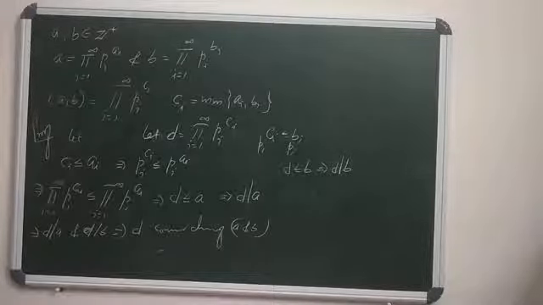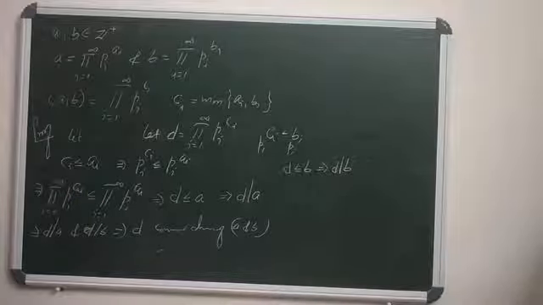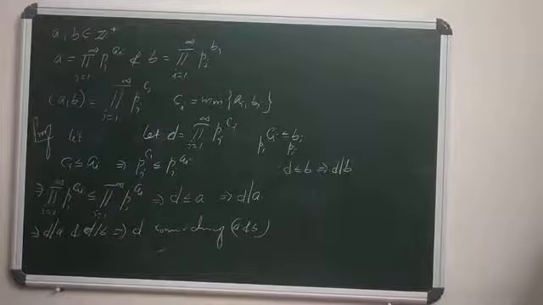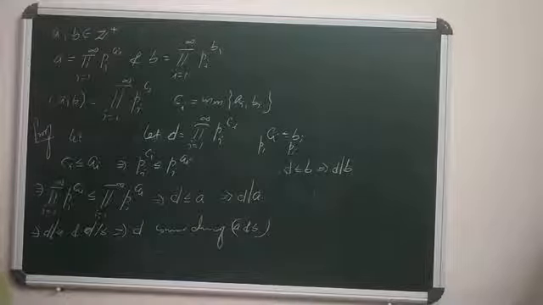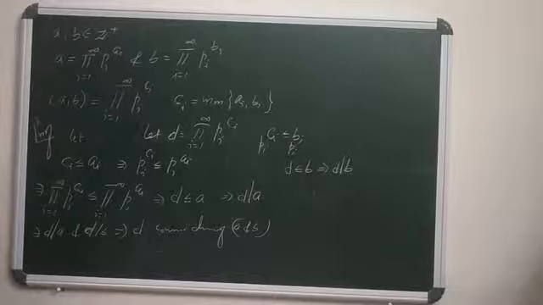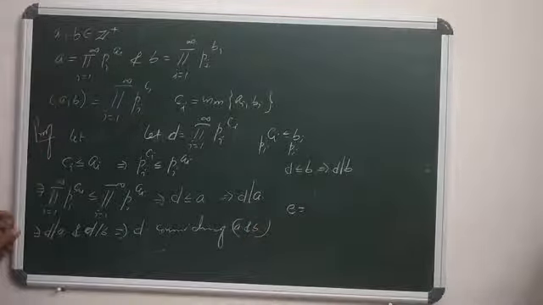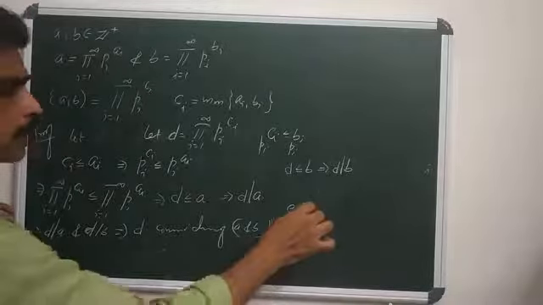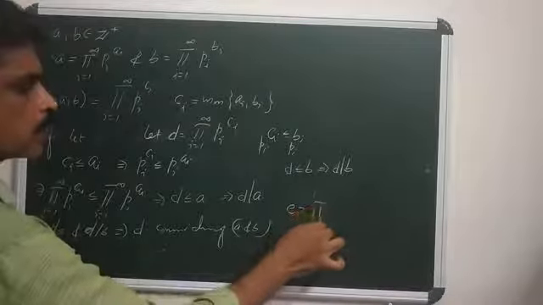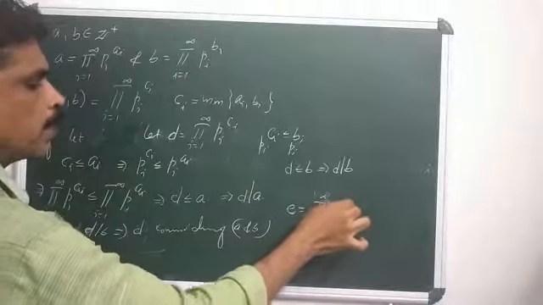But our requirement is to show that d is the greatest common divisor. So how? Let e be a common divisor of both a and b, and we write e equals the product, i ranges from 1 to infinity, of pi power ei.